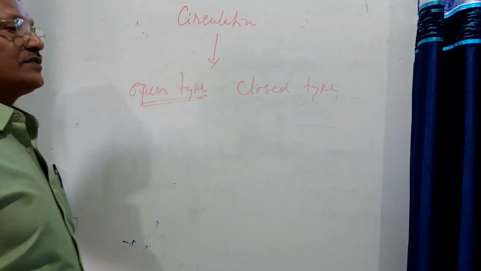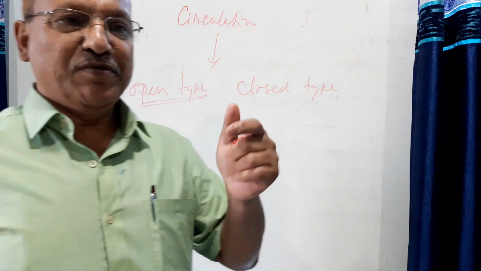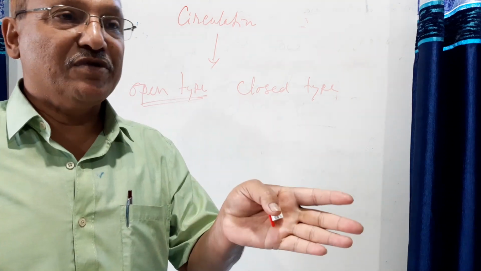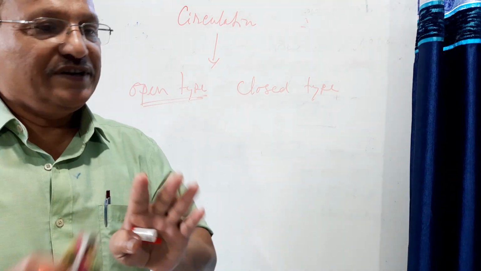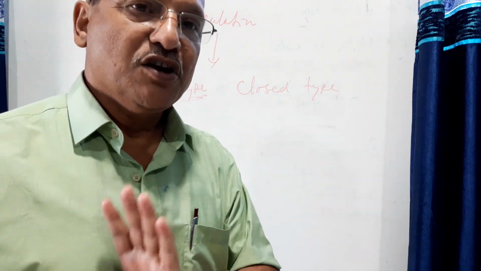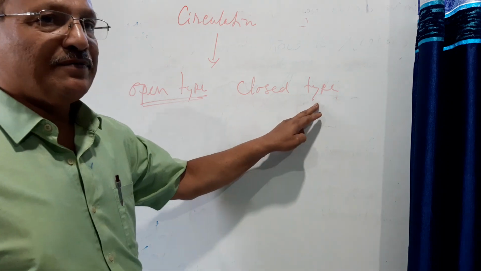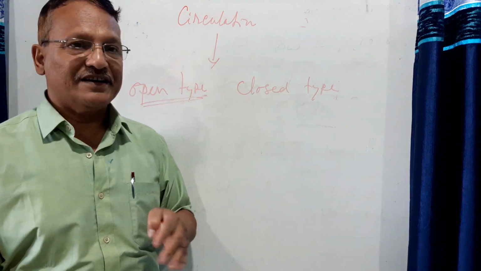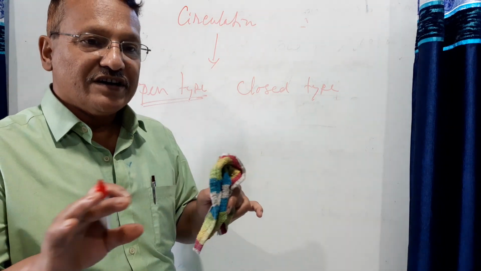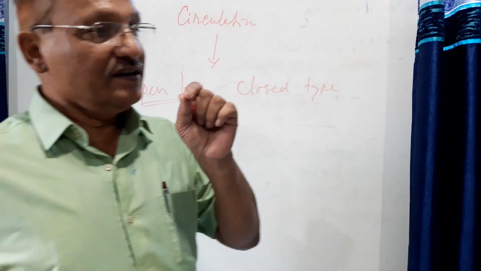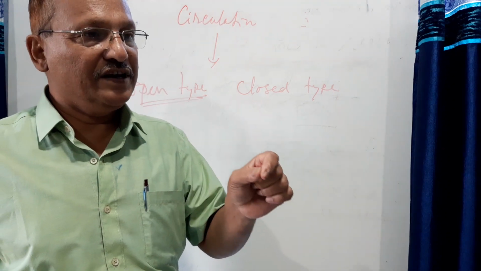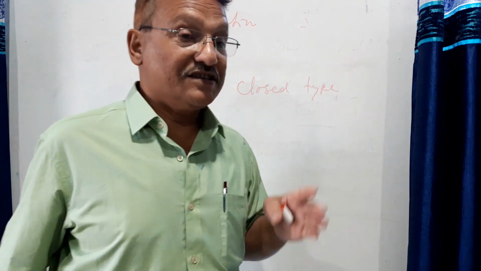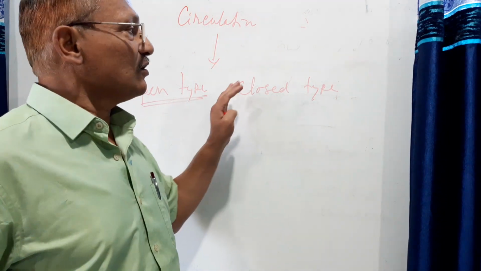Open type circulation means the circulating fluid, say blood or hemolymph, is not exposed in the coelomic space but circulates within a system. But in the other type, a part of the circulation is performed by a tubular system and another part is open.